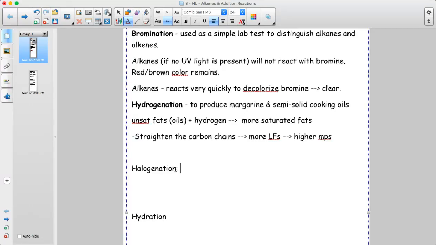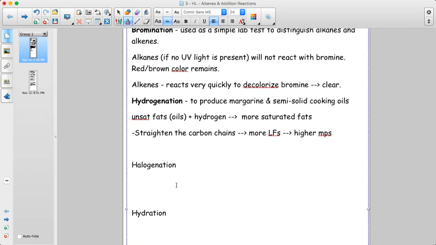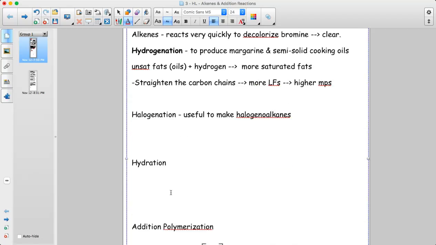Halogenation, you don't need to know any uses for this. It could be used to make halogenoalkanes, which could then be used to make other things. So I guess you could say it's useful to make halogenoalkanes. Halogenoalkanes are used in refrigerators and air conditioners and things like that. But for us, it's kind of going to be useful as one step in a chain of reactions if we're trying to make a certain product.